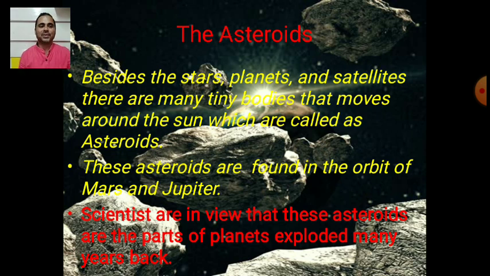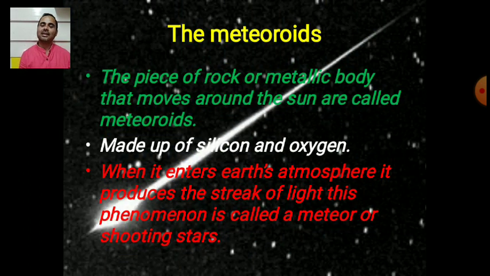Clear? Okay, now move to another member of the family, meteorites. What are meteorites? You just see this light, you will feel some light is falling down, no? Sometimes you are just seeing such light falling down, then you feel that some part of a star is falling on the earth.